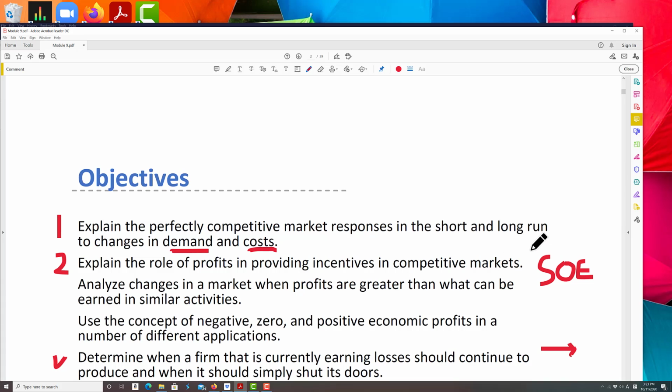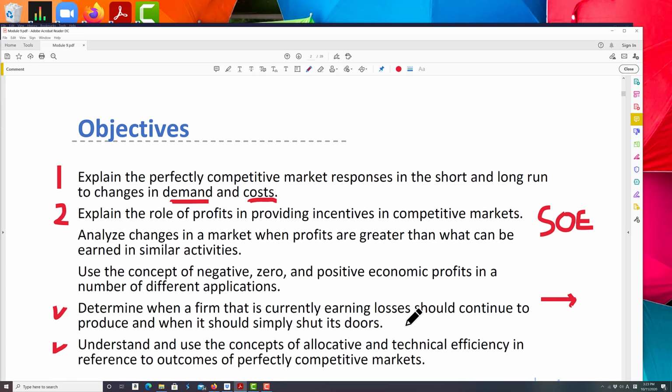Many of their firms are state-owned enterprises, and sometimes, despite their huge losses, they may continue to exist depending on the policies of the decision makers in China. But in free market economies, firms respond to changes in profits, economic profits.